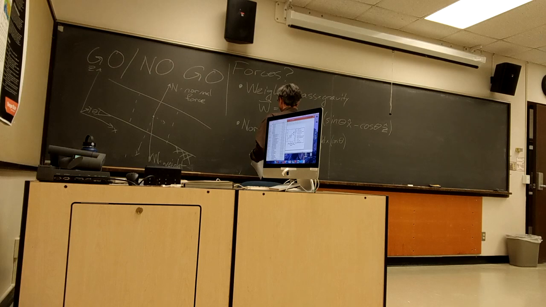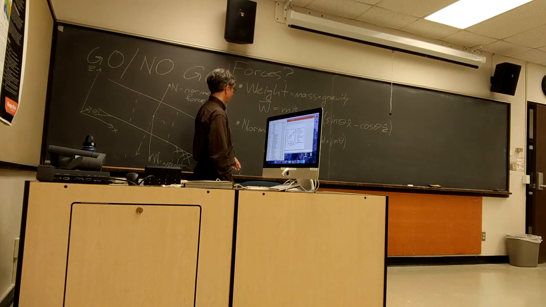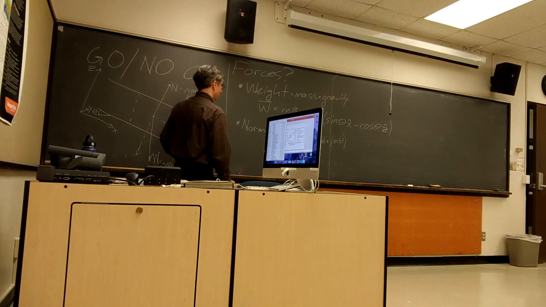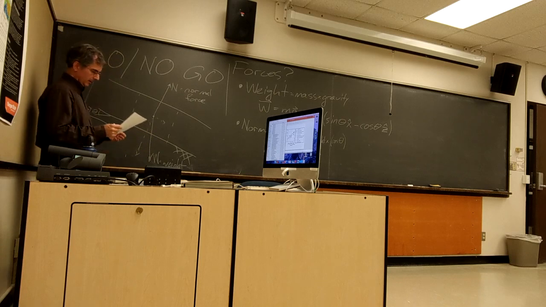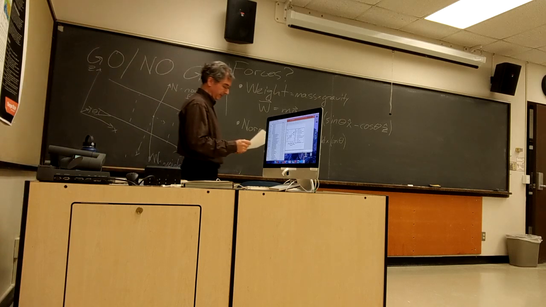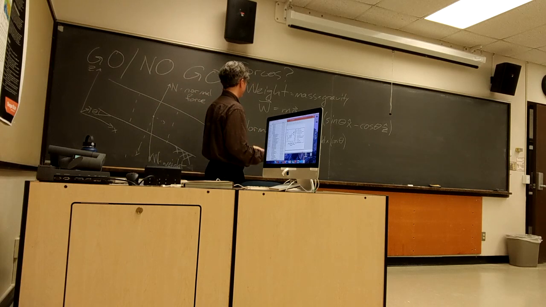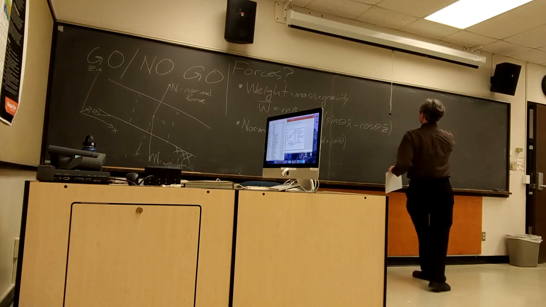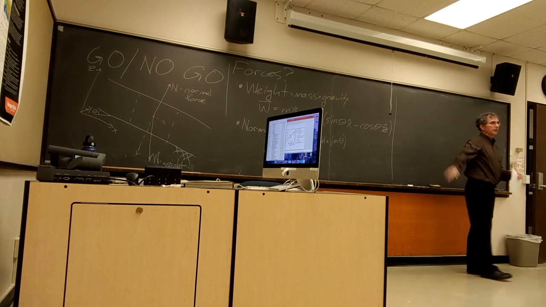Okay, so normal force equals mg cosine theta with the z unit vector. Wait, yes, the z. See, I confuse myself. Sometimes I forget that I've made my coordinate system convenient for me. All right, what else then?